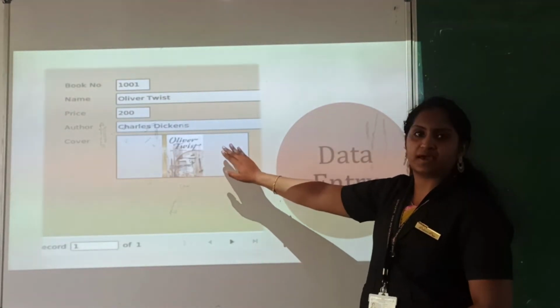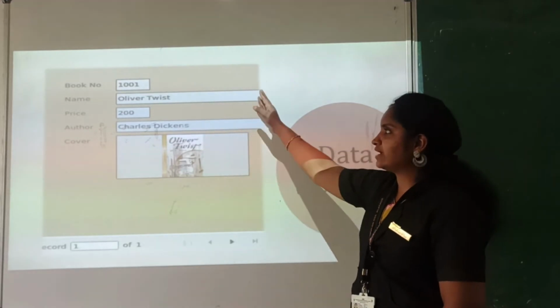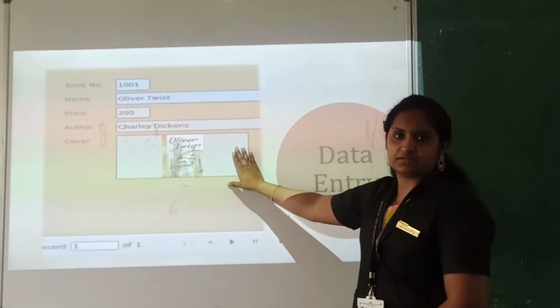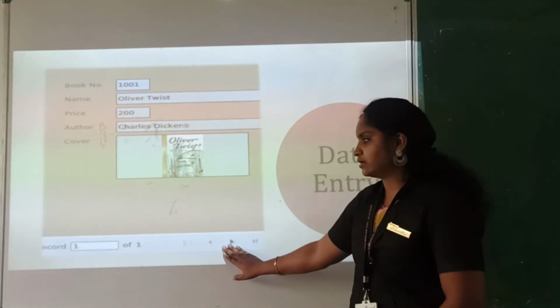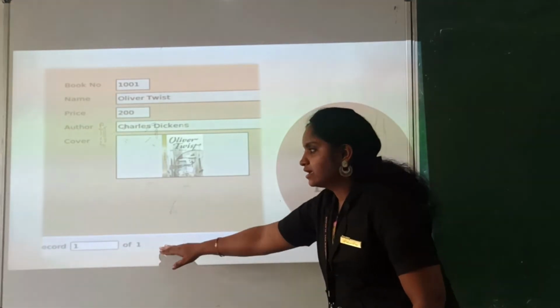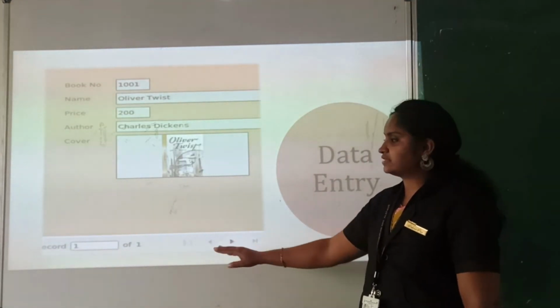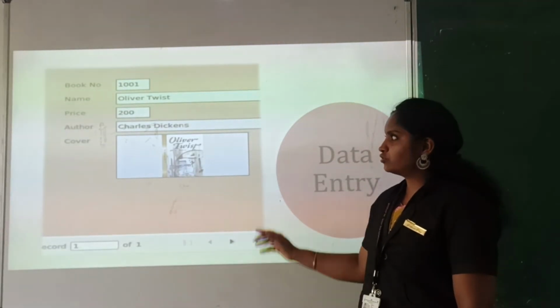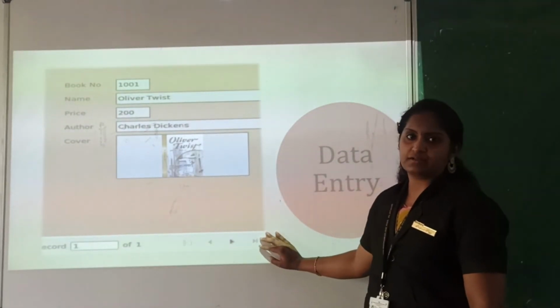Like this, you can enter the content and press the Enter key or click on Next Record. However many details you add will be added, and you can see the number of records here. I will show you these contents in the practical session.